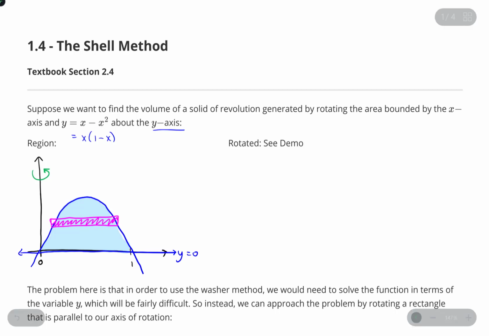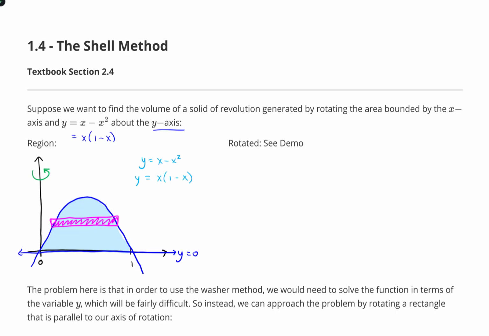Which means I would need to take my function y equals x minus x squared and solve it in terms of y, so I need to get x by itself. Well, I could factor out an x, and there may be some additional algebra I could do, but in general, that's not going to be all that easy to do.